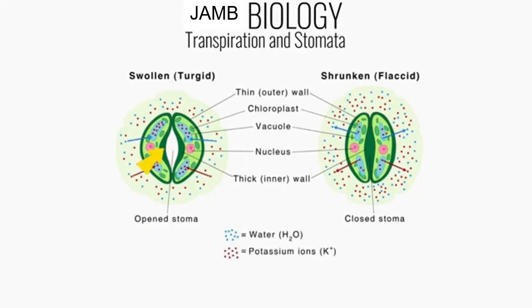This makes the stomata open, and then gases can be exchanged for photosynthesis. On the other hand, when the plant is short of water, the guard cells lose water and become flaccid or shrink. This makes the stomata close and stops the plant from losing more water vapor.